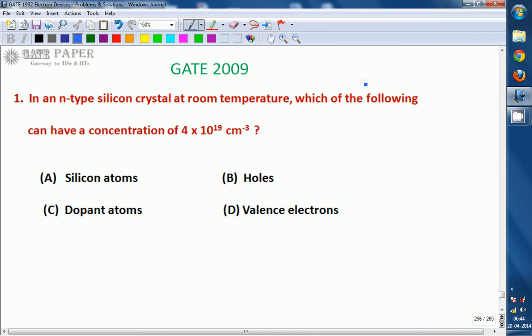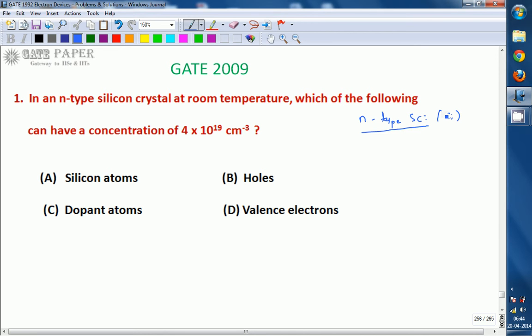So, N-type silicon crystal at room temperature. We should know the important facts about the N-type semiconductor, that is, its standard parameters. An N-type semiconductor made of silicon is nothing but pure silicon to which you add pentavalent impurities, such that it has become N-type. We start with intrinsic silicon, where the number of electrons and holes are the same.